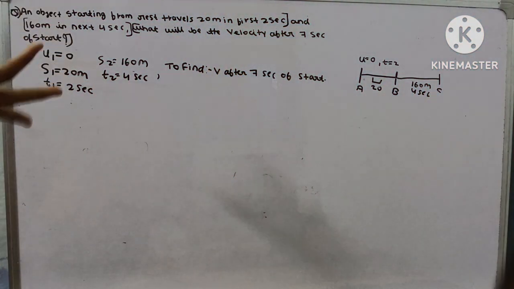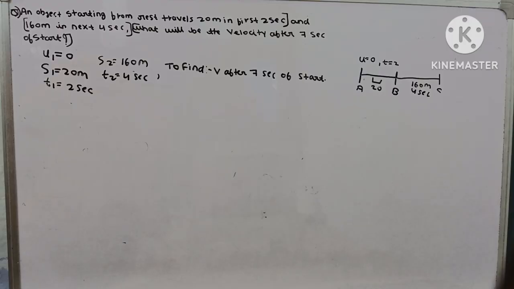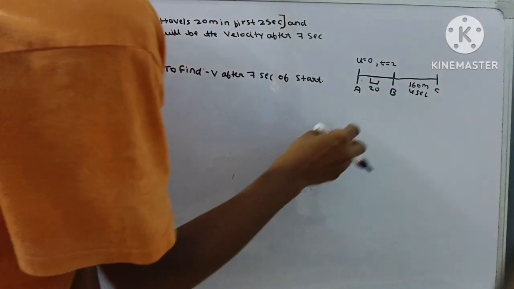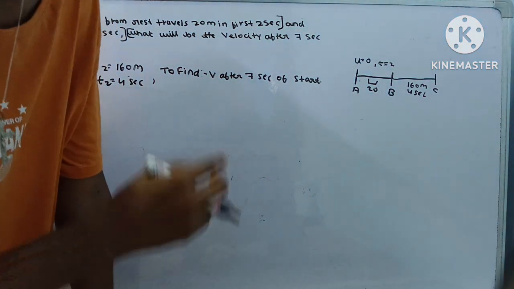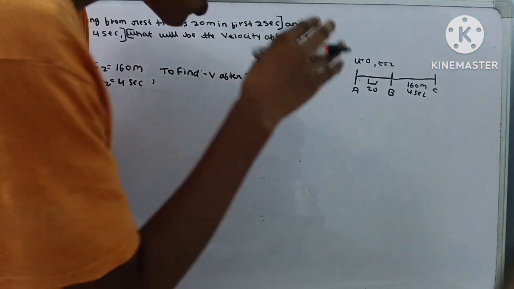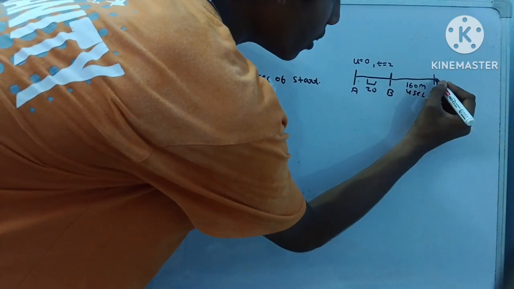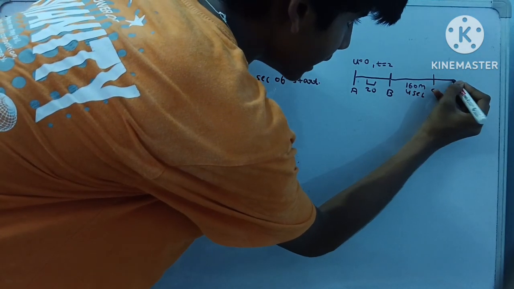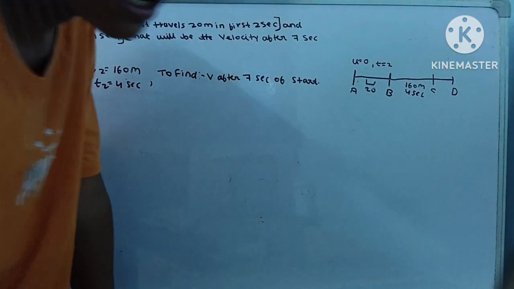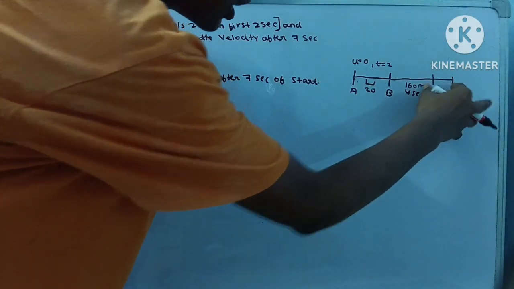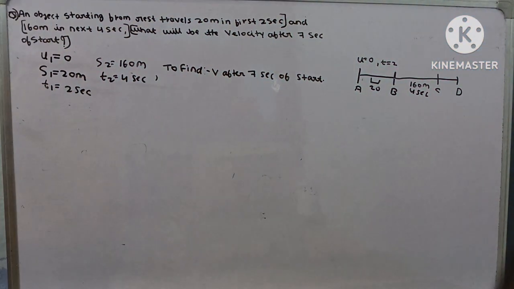Now it is asking what is the velocity after 7 seconds of start, which means that the total time up to C is 4 plus 2, that is 6 seconds. For the 7 seconds the object will be further along. For example, this is point D, which means that the object has covered some distance here also, because the time is 7 seconds.